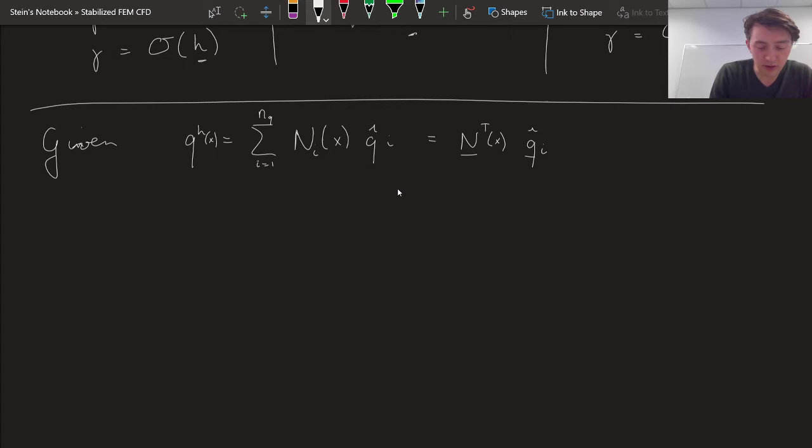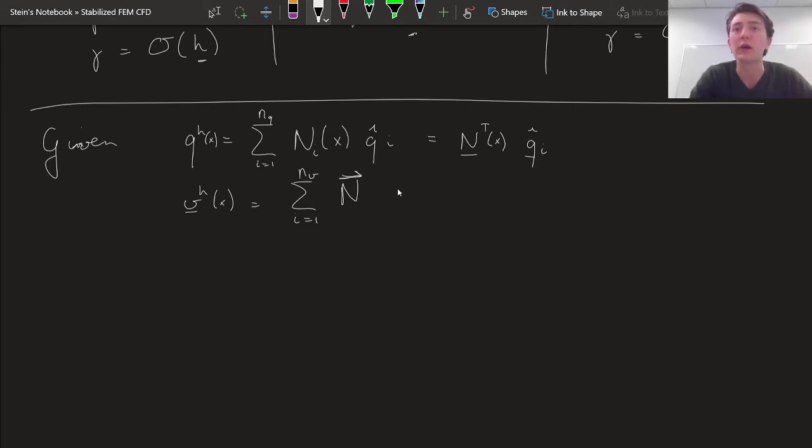And similarly, we have such a representation also for our velocity as a sum from i equal to 1 to the number of degrees of freedom for our velocity space of, well, again, basis functions, but these might be different basis functions. I'm going to write these with the arrow on top because these will be vector valued basis functions. But other than that, I'll just stick with the same letter, N_i, times, and now again weighted by the coefficients v hat.